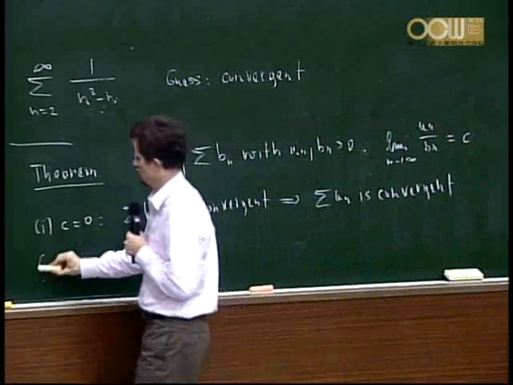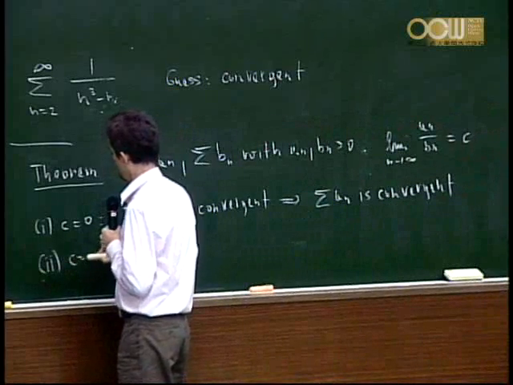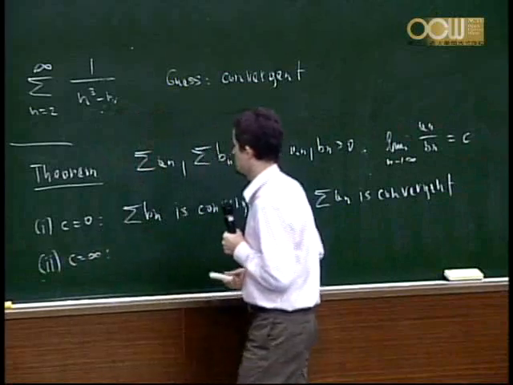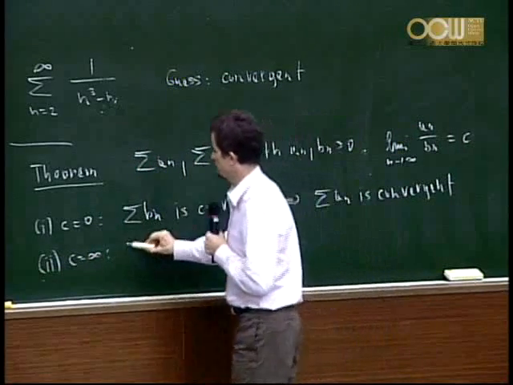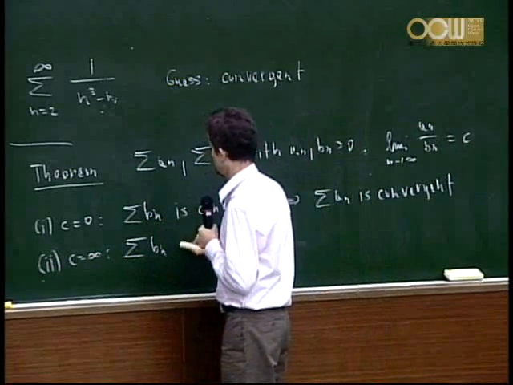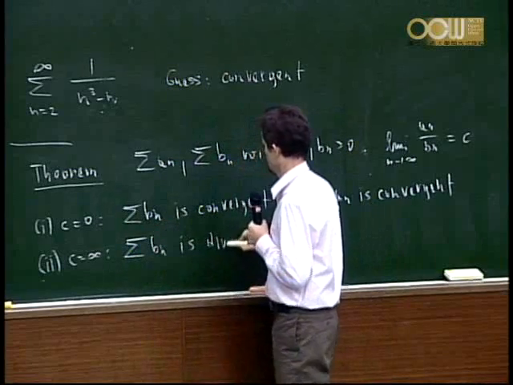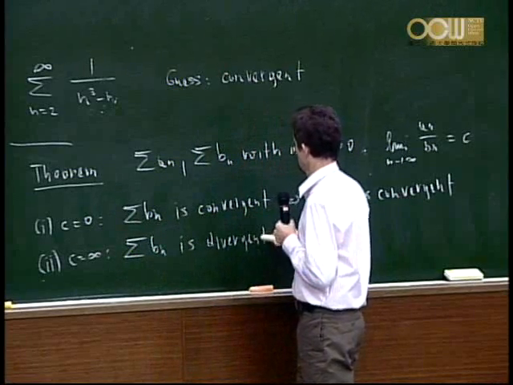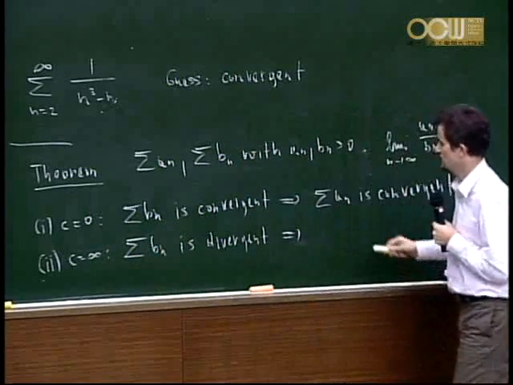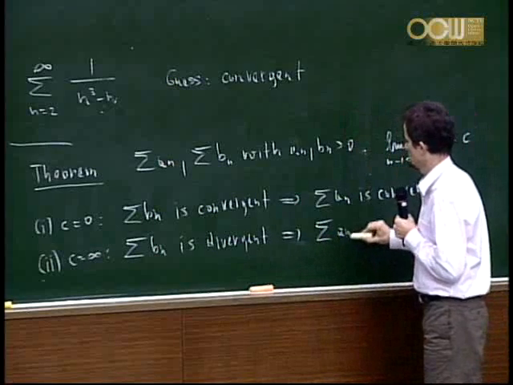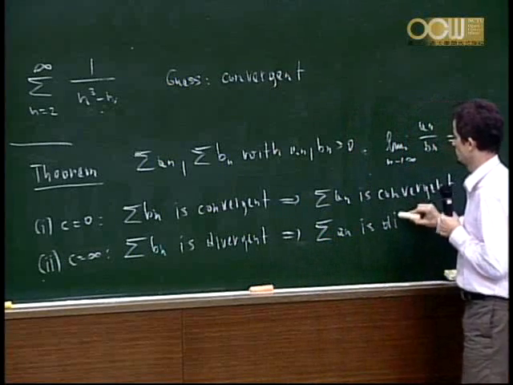And if c is infinity, and you know that the series over b_n is divergent, then the series over a_n will be divergent as well.